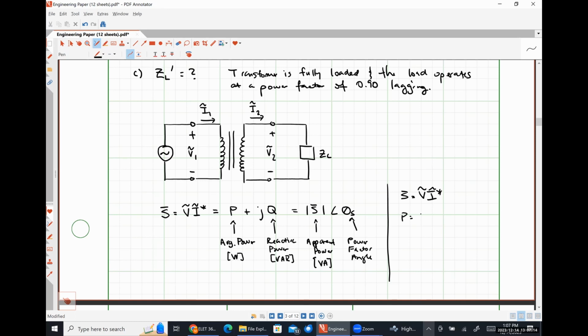P is V times I conjugate times the cosine of theta S. Q is V times I conjugate times the sine of theta S. And the magnitude of S is just V times I with no conjugate.